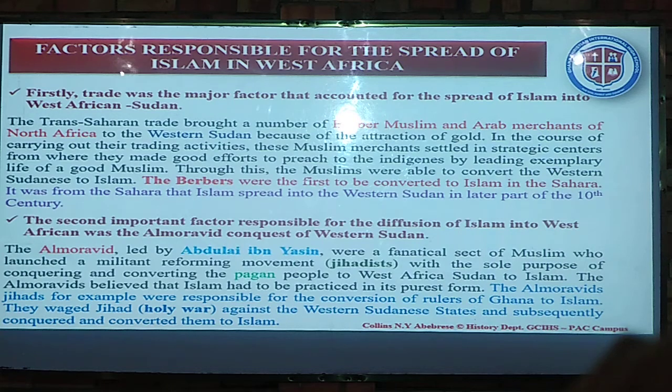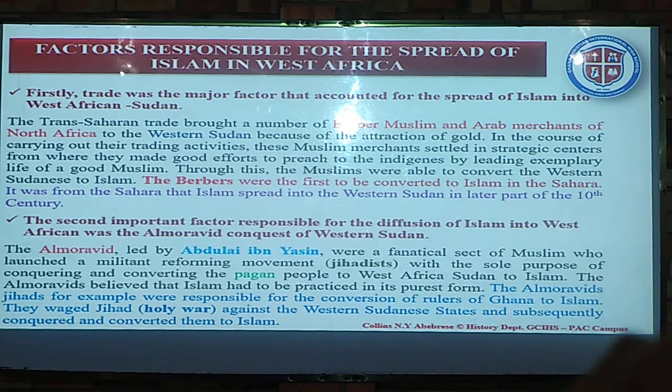The trans-Saharan trade brought a number of Berber Muslims and Arab merchants of North Africa to Western Sudan because of the attraction of gold. In the course of carrying out their trading activities, these Muslim merchants settled in strategic centers from where they made good efforts to preach to the indigenes by leading the exemplary life of a good Muslim.